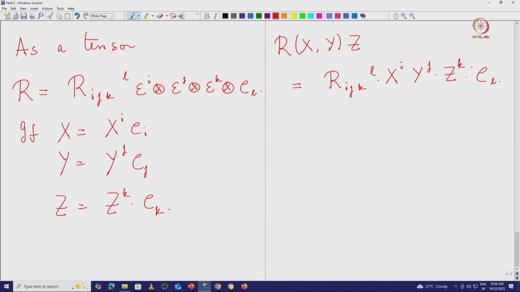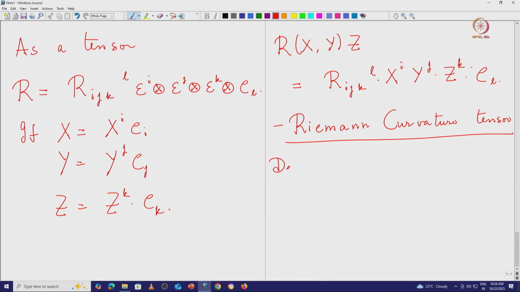So along with this endomorphism, there is another tensor that is often useful. It's equivalent to the Riemann curvature endomorphism, but that thing is called the Riemann curvature tensor. So the definition, it's denoted by Rm.